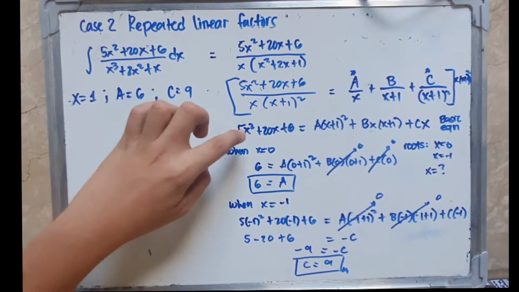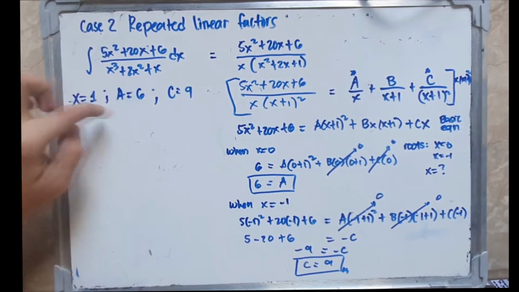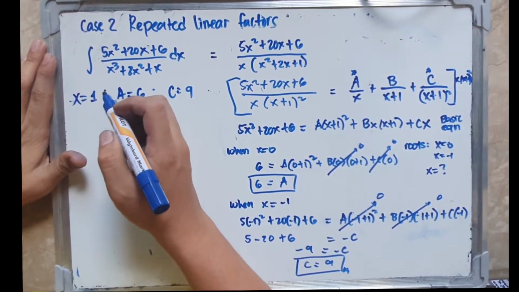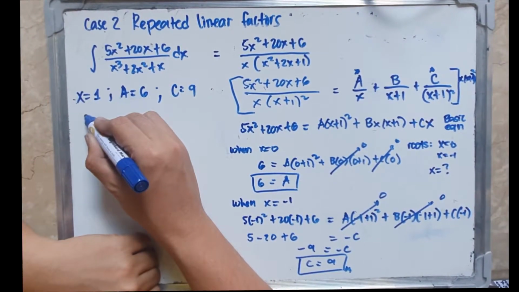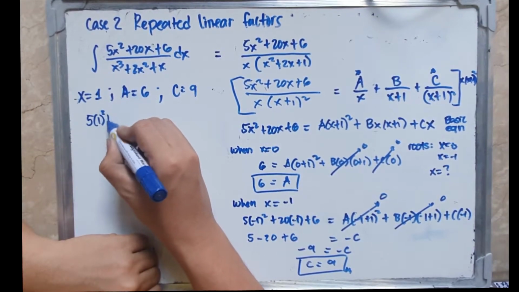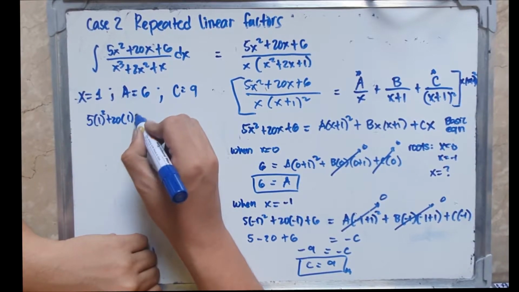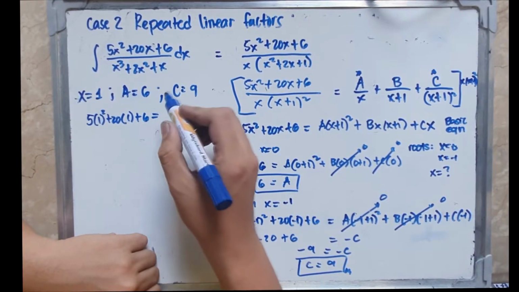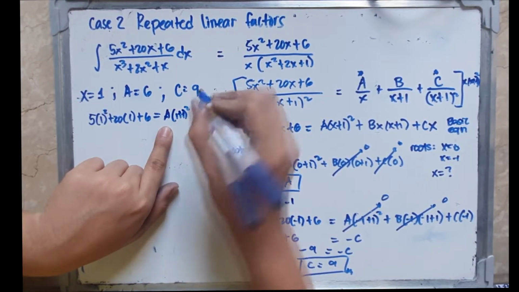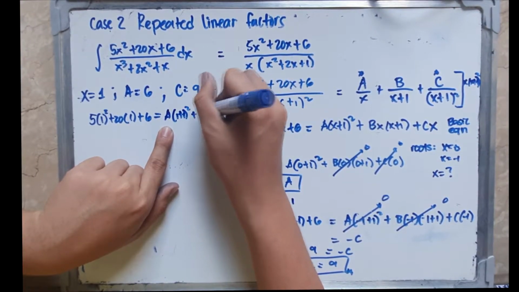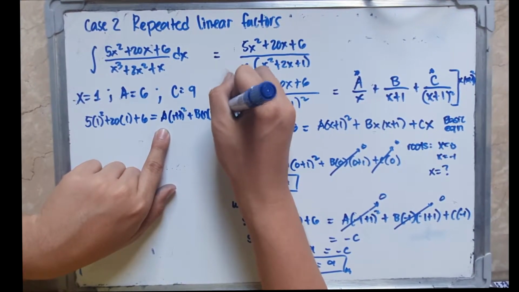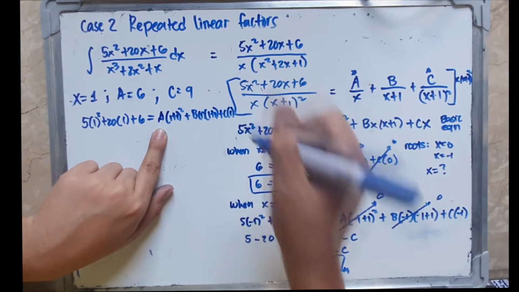Okay, so let's have this side of the equation. 5 times 1 squared plus 20 times 1 plus 6 equals A times (1 plus 1) squared plus B times 1 times (1 plus 1) plus C times 1.